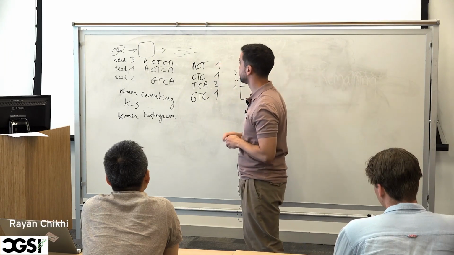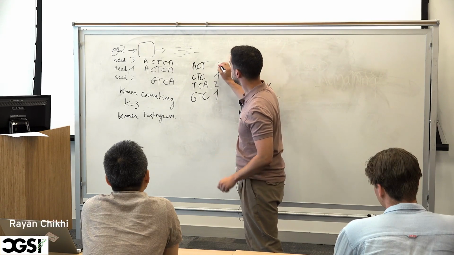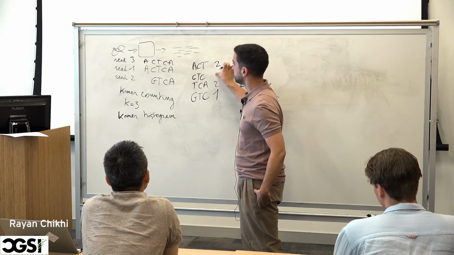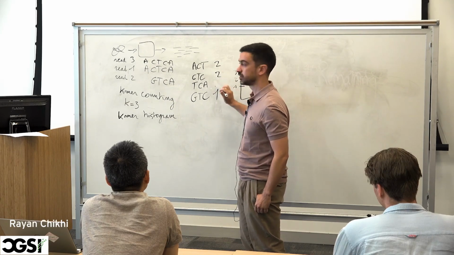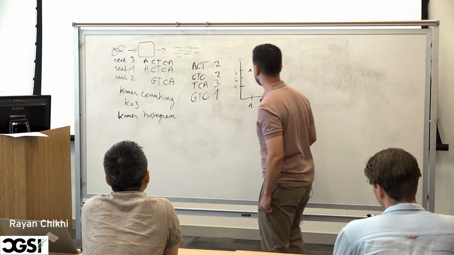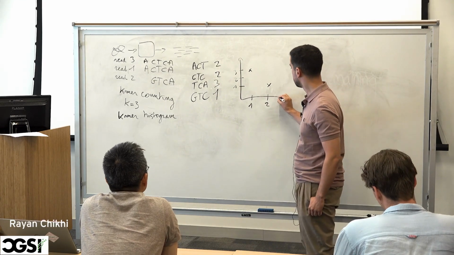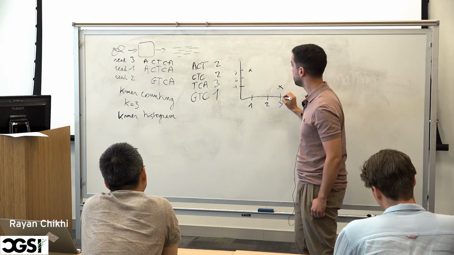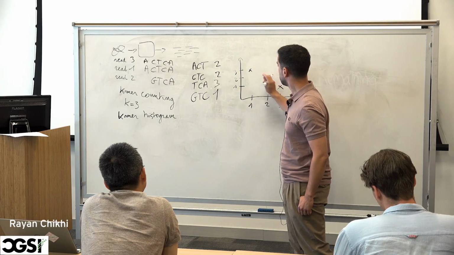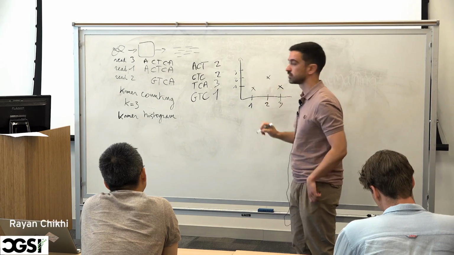However, this table changes. ACT becomes 2. CTC becomes 2 as well. TCA, 3. How does the histogram change? Well, now 2 becomes a 3 here. You've got a 2 here and a 1, like this.